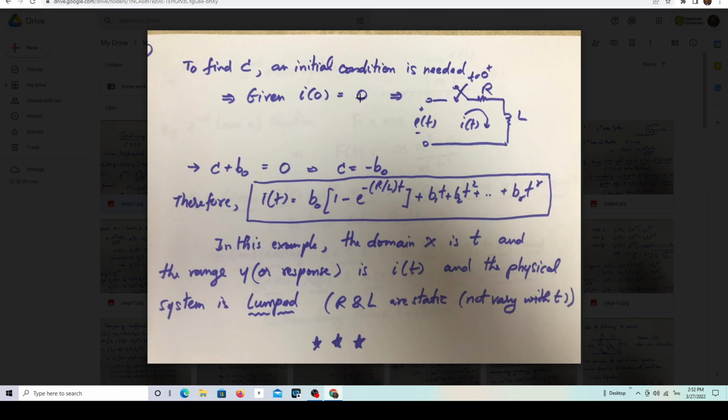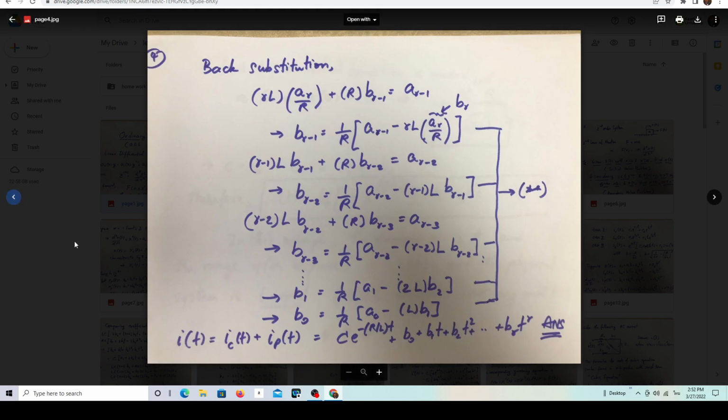So when you have already established i(t) here in general form, you put t equal to 0. Once t is equal to 0, you can see that b sub 1 times t plus b sub 2 times t squared up to b sub r times t to the r are all 0. So the only remaining terms here are these two terms.